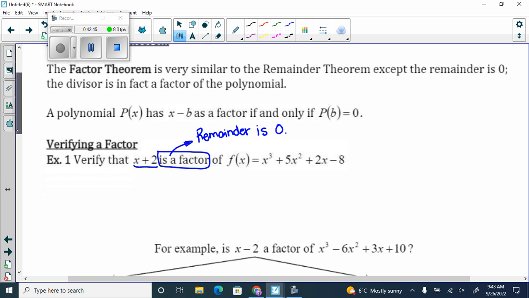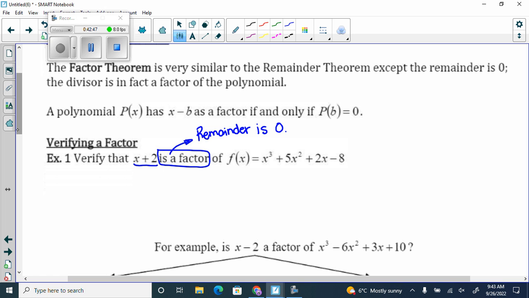Because it would go in evenly, okay? So we're going to verify this is a factor, and how you can do that is we're going to go back to remainder theorem on Thursday. But what we can do is we can use this and we can plug it in and see if we get a remainder. It's something we're going to learn later. So what we can do is we have x plus 2. We can solve that out just like we did in grade 11. X plus 2 equals 0. So x equals -2.